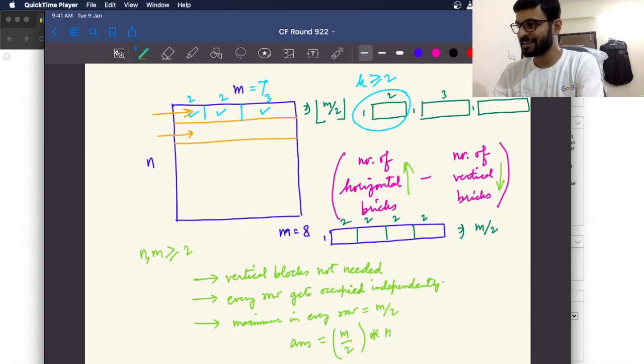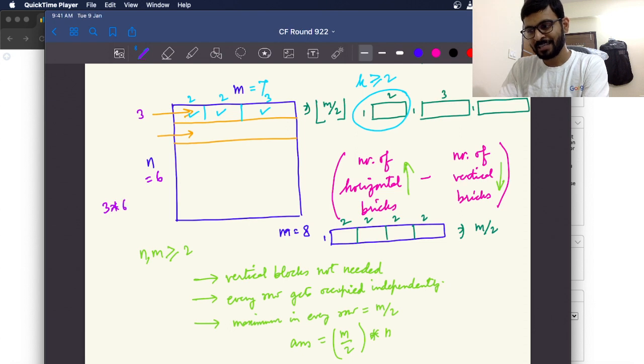For example, over here, let's say n is equal to 6. So the actual answer is, in each row, you are basically getting 3 bricks. So 3 into 6, the answer should be 18. But if you do n into m by 2, so you get something like 6 into 7 by 2, which is 20.